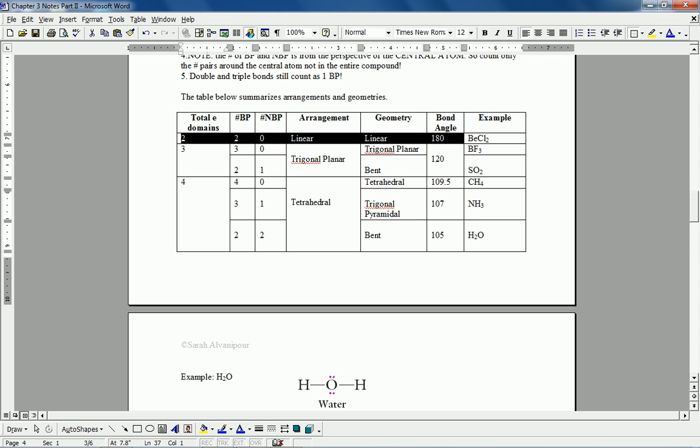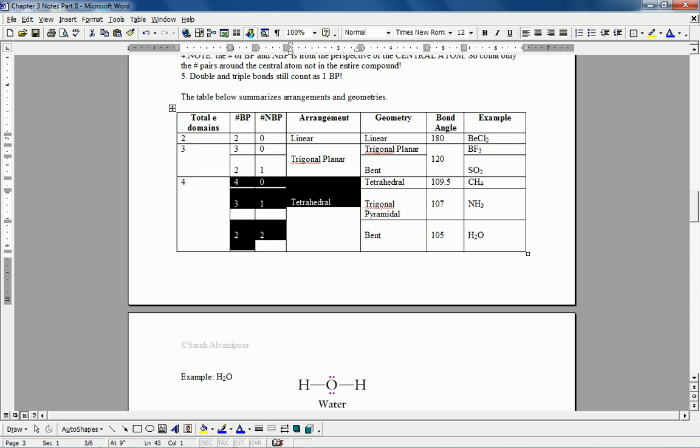So that's a total of 4. 1 line, 2 sets of dots. 1, 2, 3, 4. 4 total domains means I'm in the 4 category. The tetrahedral arrangement, and specifically 2 bonding domains and 2 non-bonding domains would be a 2-2 combo, making it have a tetrahedral arrangement, but a bent geometry and a bond angle of 105.